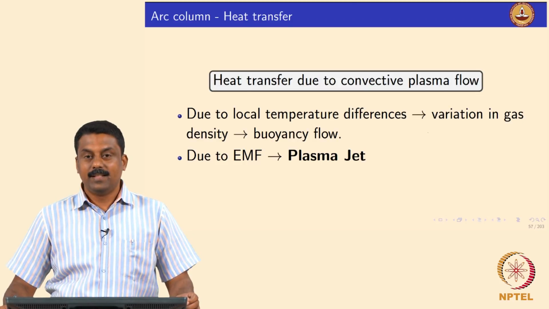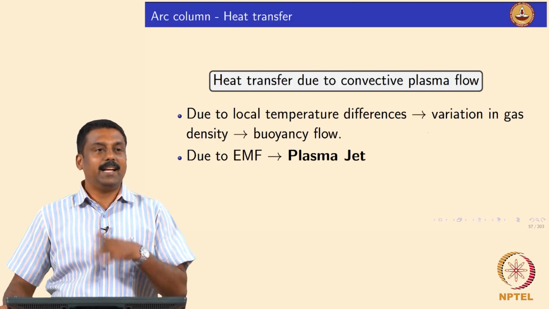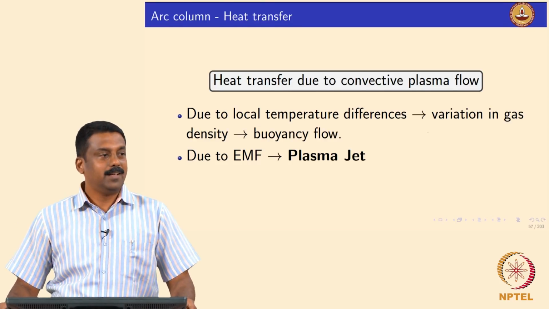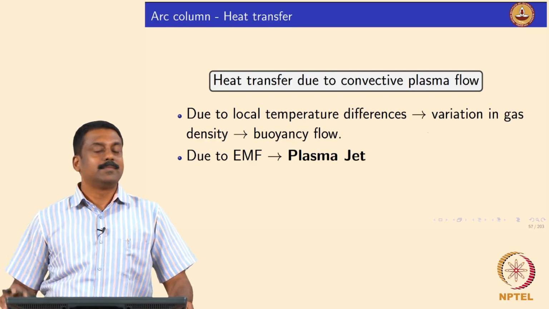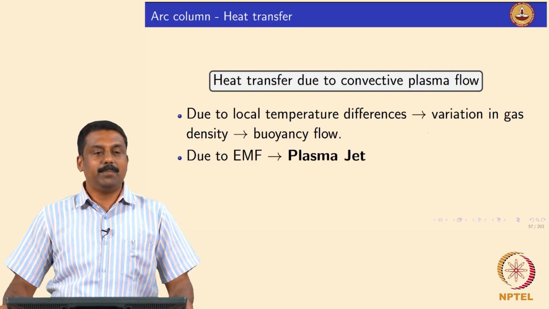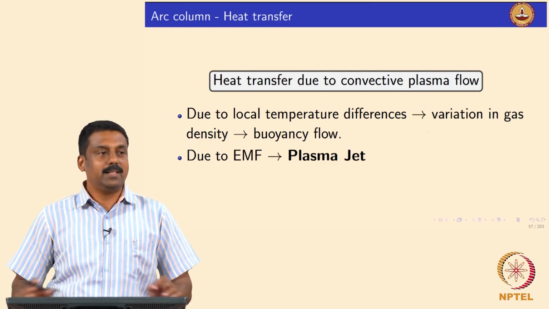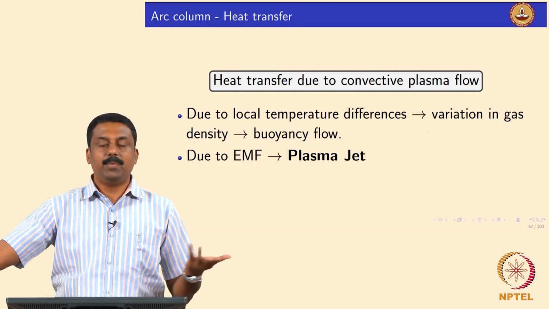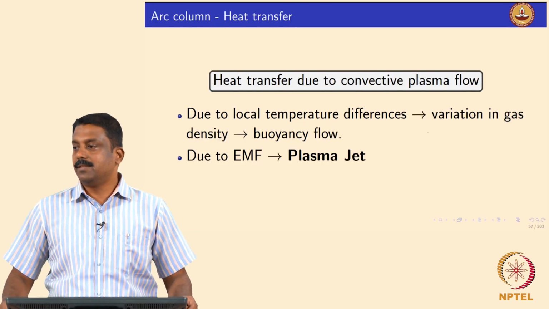Because of the density difference. Gases at high temperature will be less dense than the gases at low temperature, and that will lead to a buoyancy flow, isn't it? Due to the difference in temperatures, the gas will be at different density at various locations. Obviously, gas will flow from one place to another by buoyancy because of the density difference.